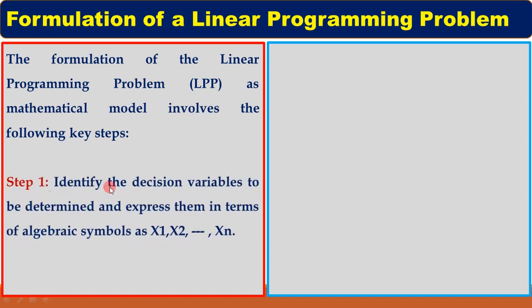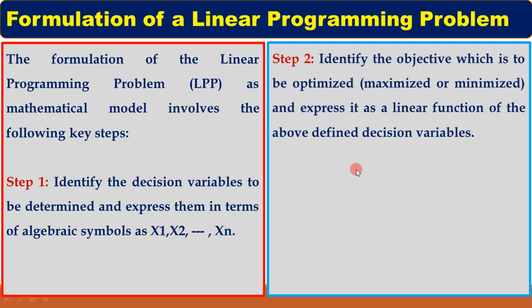Step number 1, identify the decision variables to be determined and express them in terms of algebraic symbols, that is x1, x2, x3. So in step number 1, we have to identify the decision variables from the problem statement, and give them notations as x1, x2, x3 likewise.